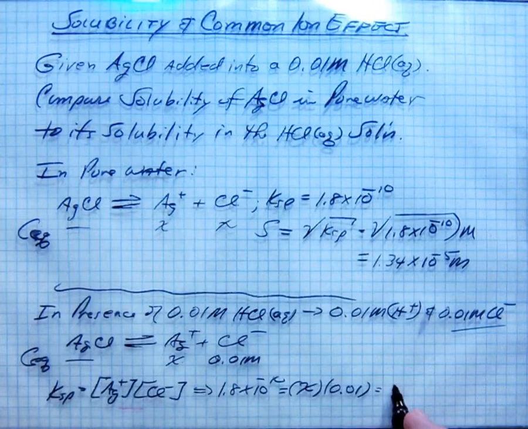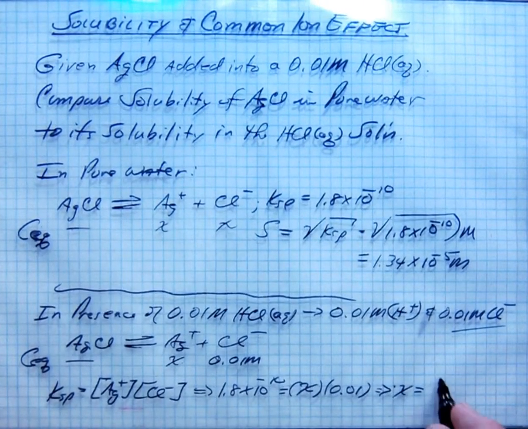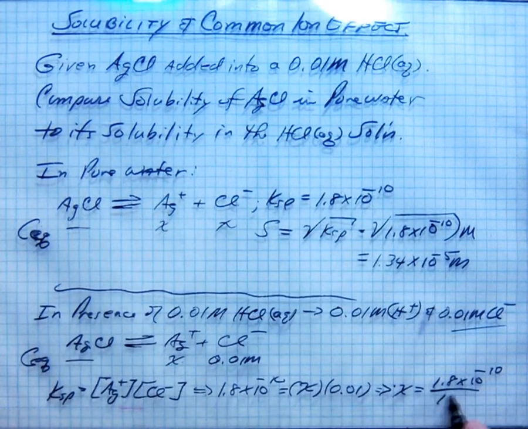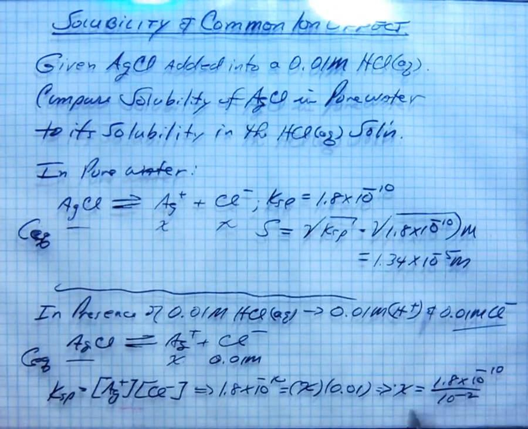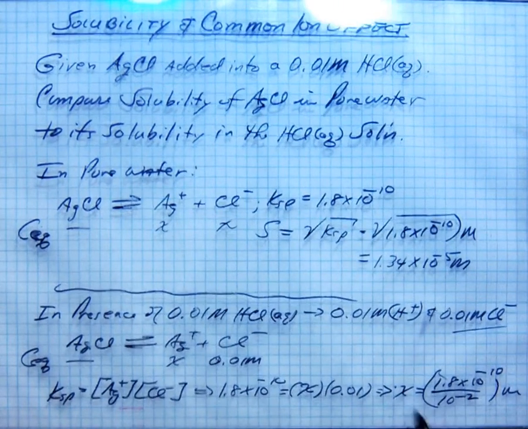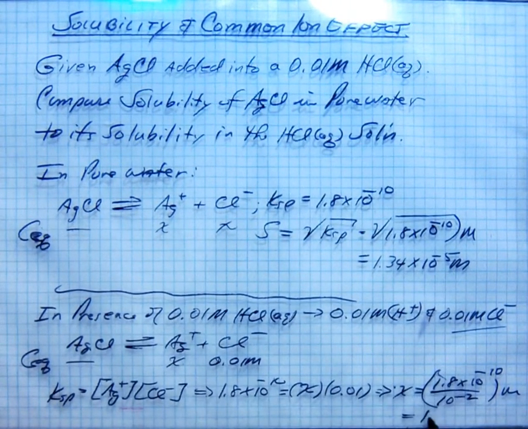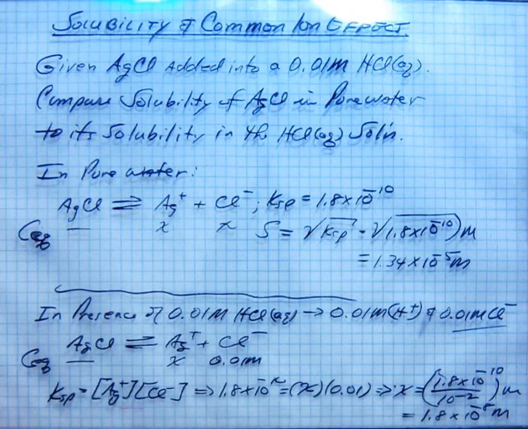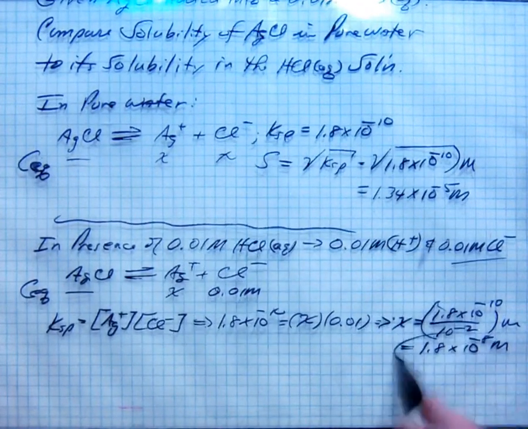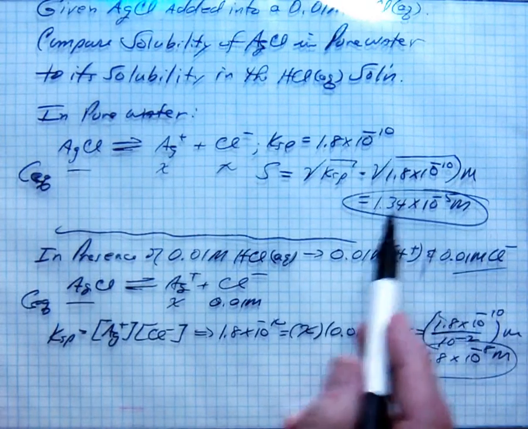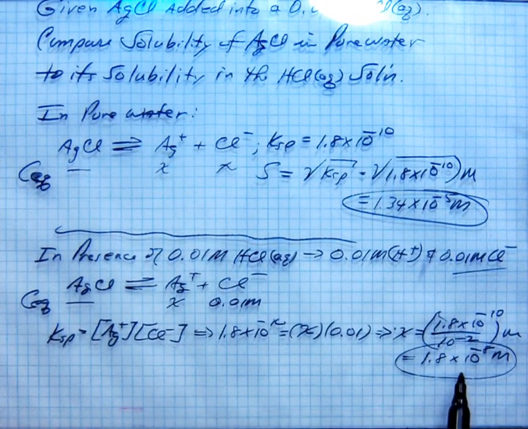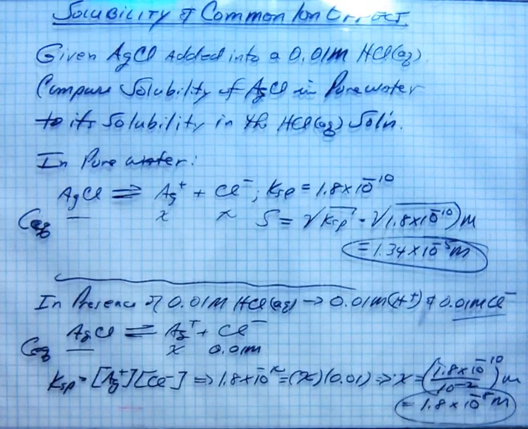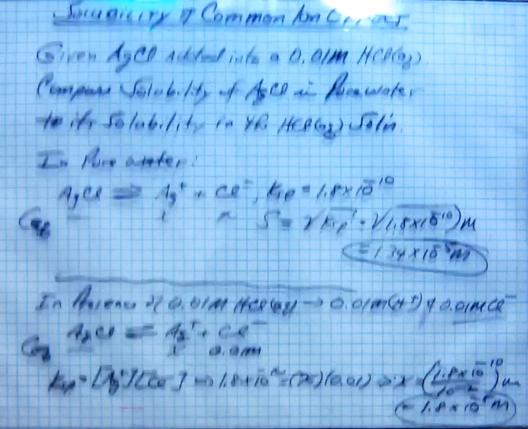And so solving for X, we have 1.8 times 10 to the minus 10 divided by 10 to the minus 2 molar, which leaves us a solubility of 1.8 times 10 to the minus 8 molar. So there is a significant reduction between the pure water and the presence of the common ion when common ions are involved in the equilibrium.